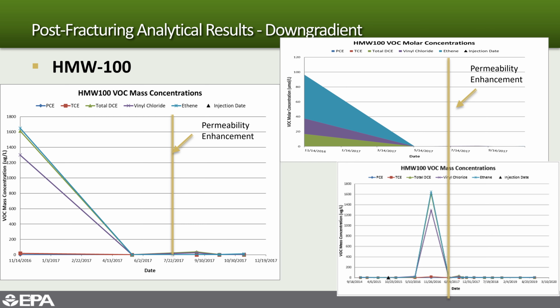We see the 2017 permeability enhancement event followed by a small uptick in some of the contaminants that we're trying to liberate and bioremediate at the same time. So that's actually a good thing as well. We see post-fracturing a small uptick in a couple of the breakdown products, which we are trying to stimulate. So it looks good in the source area as well as down gradient, and it's just a matter of monitoring that process and making sure we are continuing at a good rate.